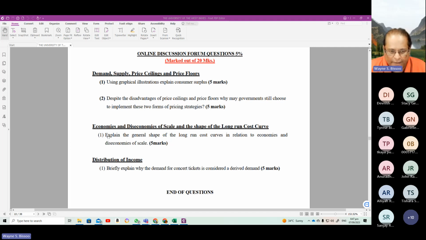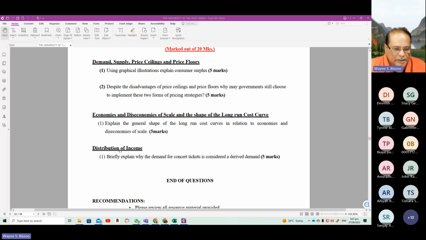There's one question here: explain the general shape of the long run cost curve in relation to economies and diseconomies of scale. Now you can use a diagram in this. You'd have to use diagrams here, and basically you can use diagrams in explaining any of these questions. It's just a strategy. There's one that requires that you use it, and the others suggest that you can use it.